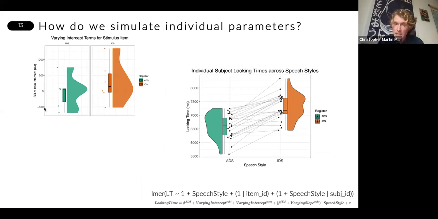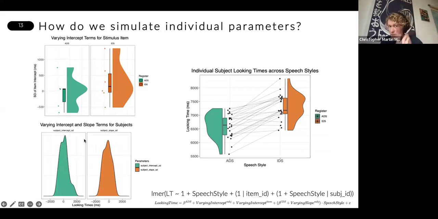Similarly, we simulate for the varying intercept and slope terms. We do this from a multivariate Gaussian distribution. And again, that'll be explained in the tutorial, but I thought it'd be useful here as well. Basically, we sum up all of these individual parameters of variability, and then we end up with a distribution like the following, which we can then model.